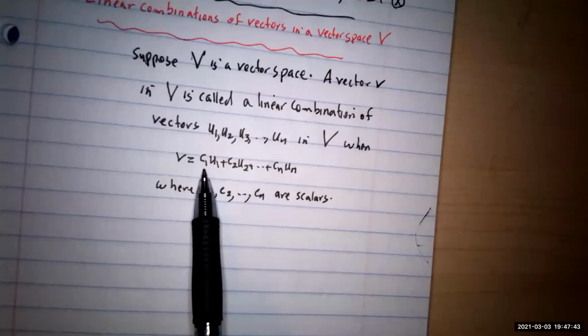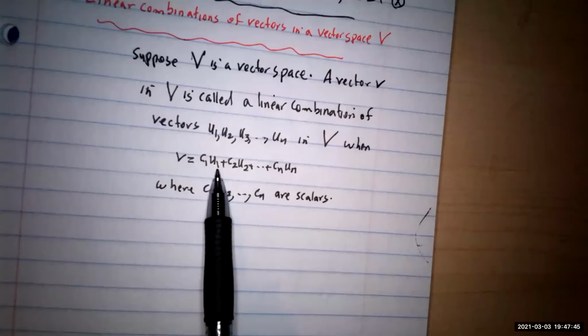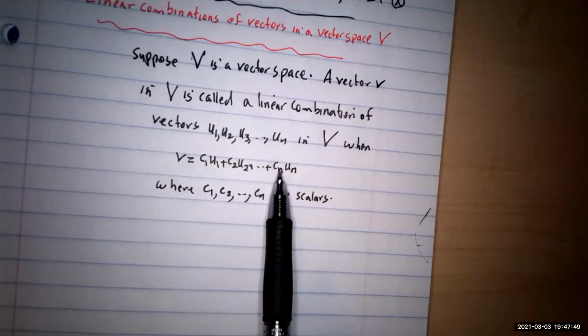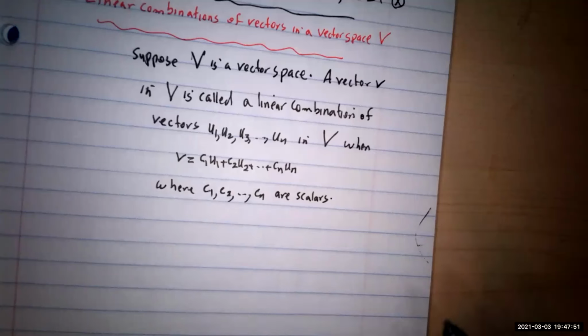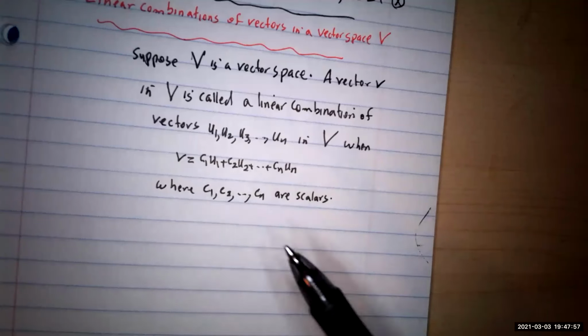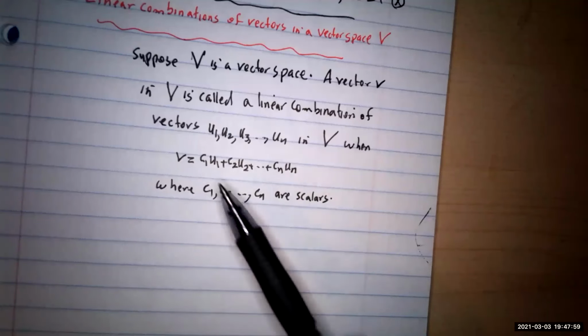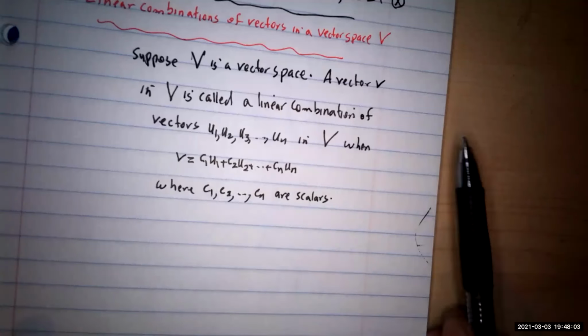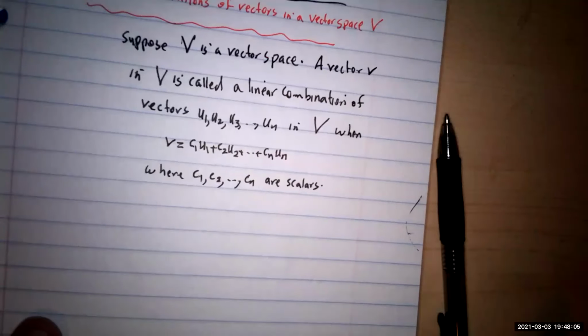A scalar, you see, c1 is a number. For example, 2u1 + 3u2 + 5u3. So these are the only operations that you have. So when we say it is a linear combination, it means you can produce, you can generate your vectors. So your job is just to find this type of linear combination.